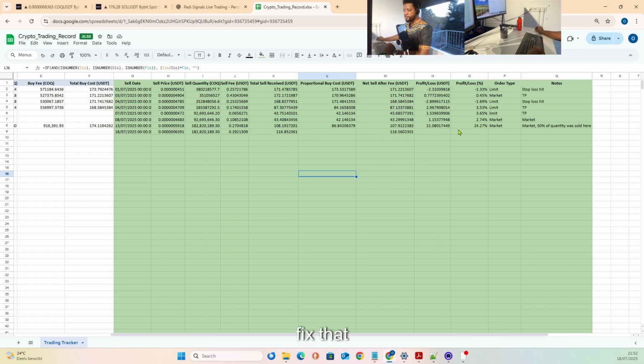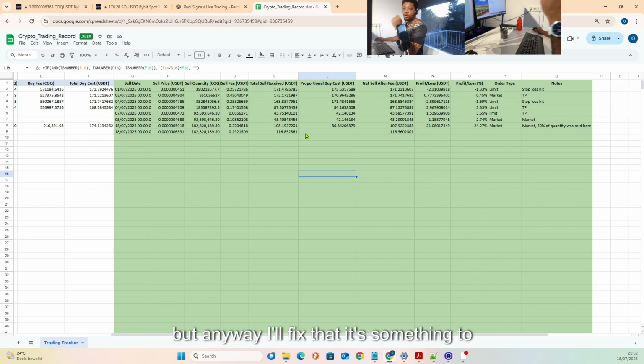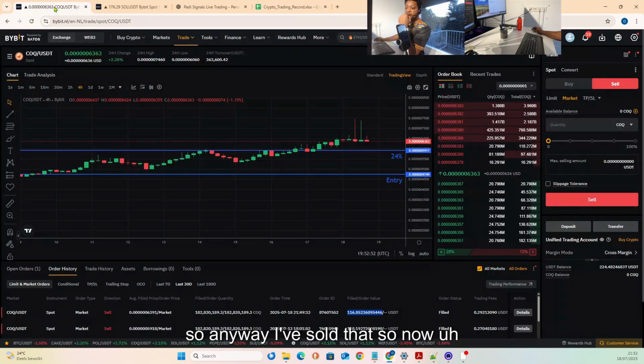So I'm going to fix that. Yeah, but this is what I sold. So I expect this to go up slightly. Let me see. Profit loss. So it's not calculated. But anyway, I'll fix that. It's something to do with the formatting of the Excel sheet. So anyway, I've sold that.